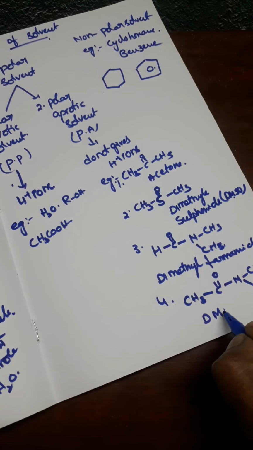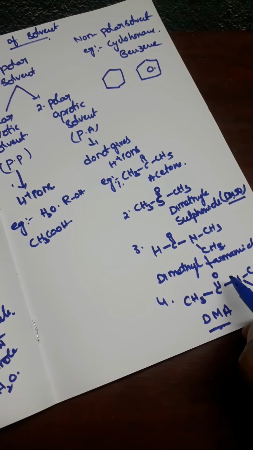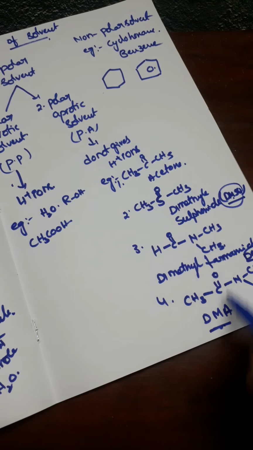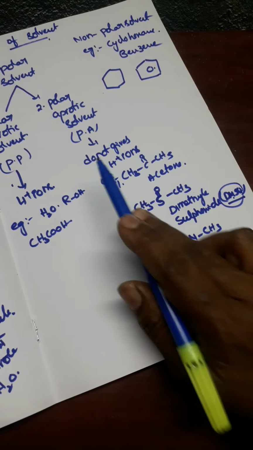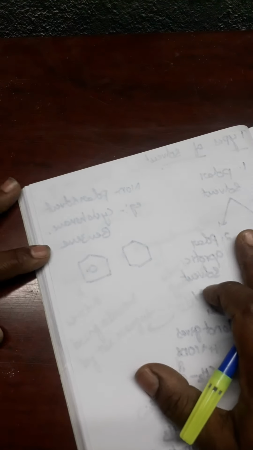Dimethyl acetamide, DMA. These four, DMSO, DMA, DMF and acetone, are the polar aprotic solvents. Okay, next one is the SN1 mechanism.